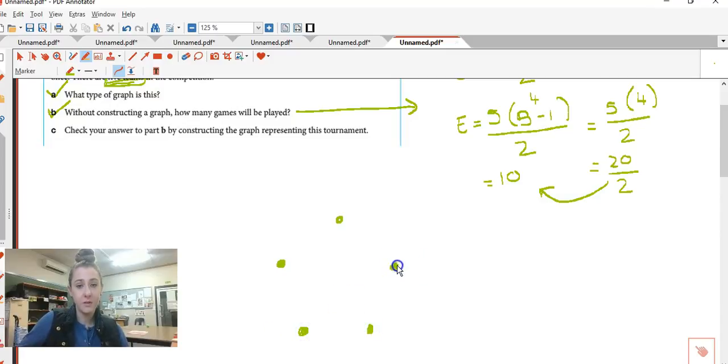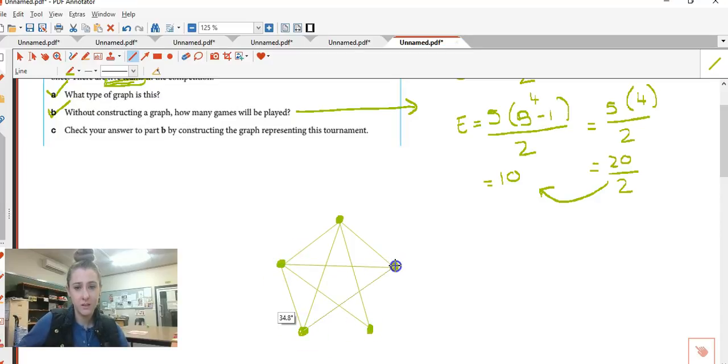They don't have to be arranged in this shape. You could arrange them however you feel. And remember that each vertex has to connect to all of the others, like so. So just go ahead and draw in those edges.